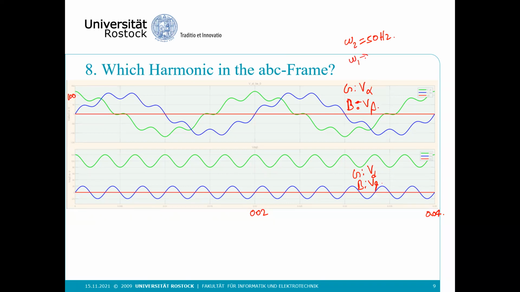So ABC has a 50 hertz positive sequence component plus some harmonics. I would say not harmonics, I would say one harmonic. It has only one harmonic. You should find which harmonic it is. What do you think?